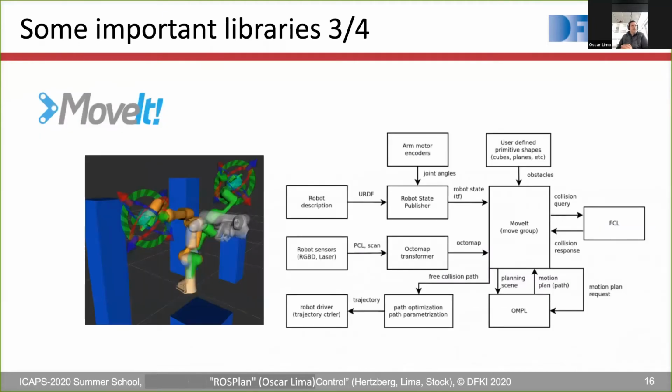Another important library which is there in ROS is MoveIt. MoveIt is a manipulation framework. So this will allow you to move the arm. If you have your robotic arm and you have a description of your environment, which is here depicted in blue blocks, these blue blocks are obstacles that the arm needs to avoid, not to collide with them.